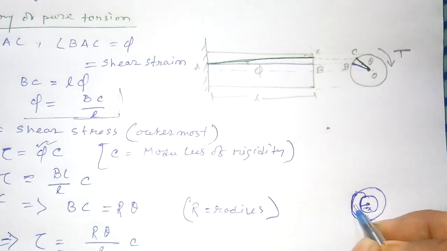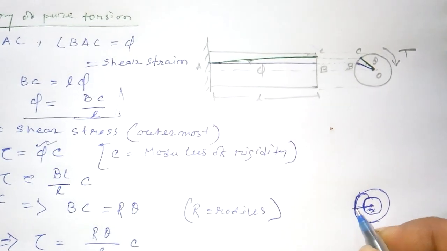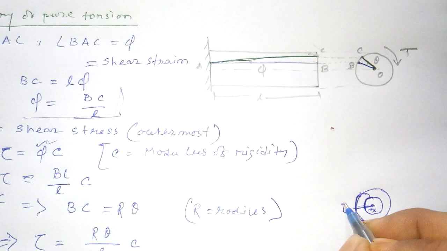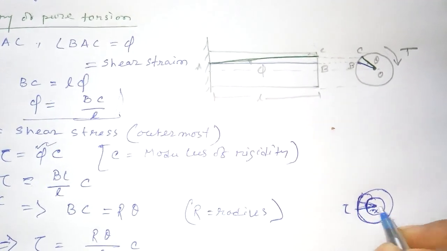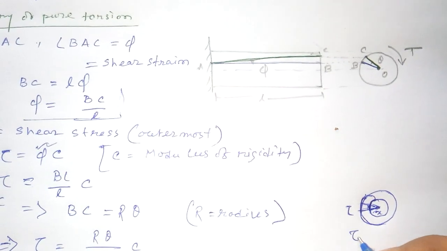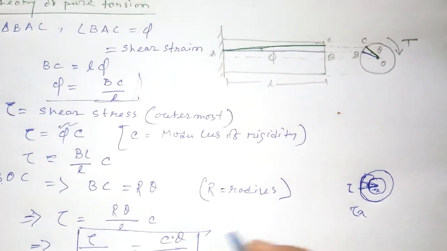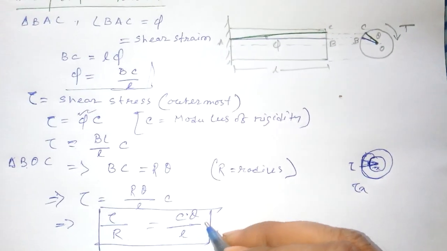The shear stress at the extreme end was tau, but at this layer suppose the shear stress is tau x. Then similarly you can find the same relation.